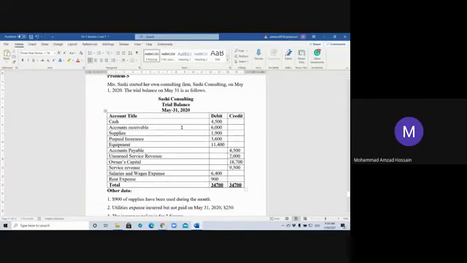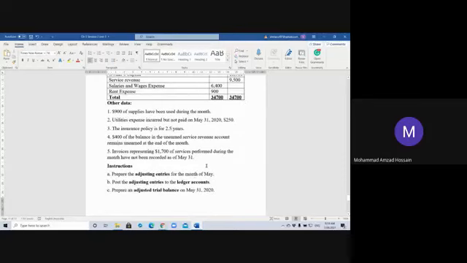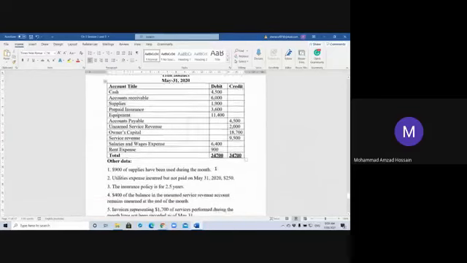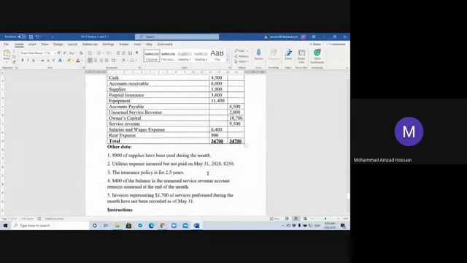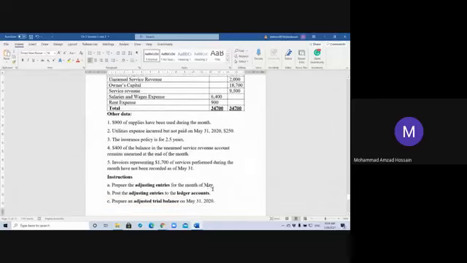The trial balance has been made on May 31st, 2020, and you have to prepare the adjusting entry for the months of May, June, July, August. So August 31. Okay, so do it.